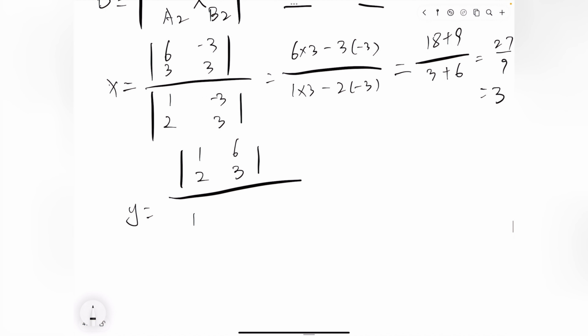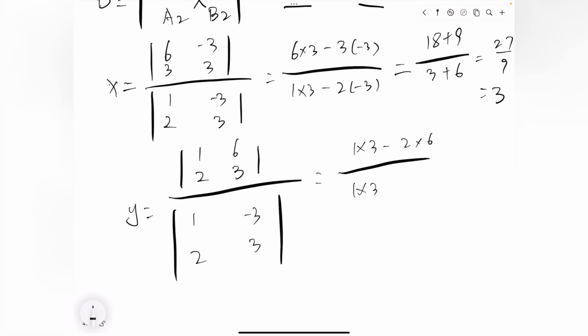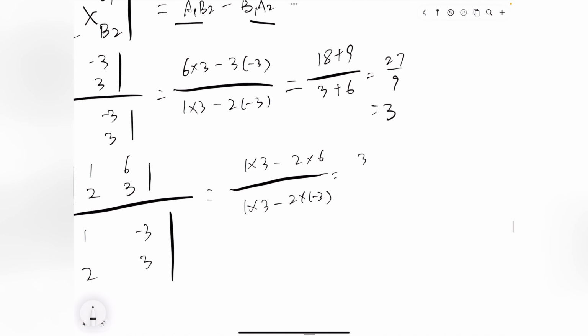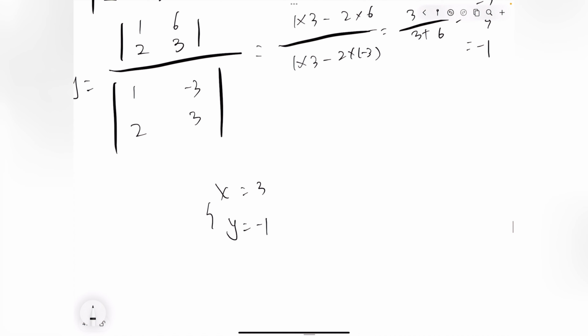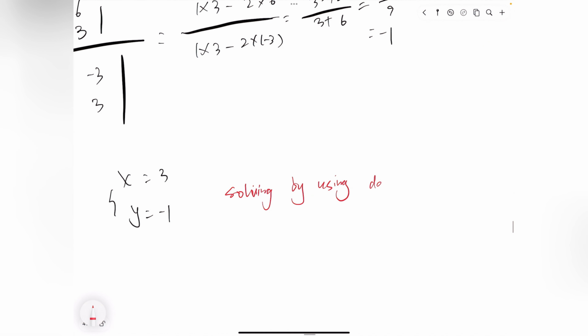On the bottom, it's the same, 1, 2, -3, 3. So we have 1 times 3 minus 2 times 6, over 1 times 3 minus 2 times -3. That will give us 3 minus 12 over 3 plus 6. So -9 over 9, which is -1. So x equals 3, y equals -1. This is solving using determinant.